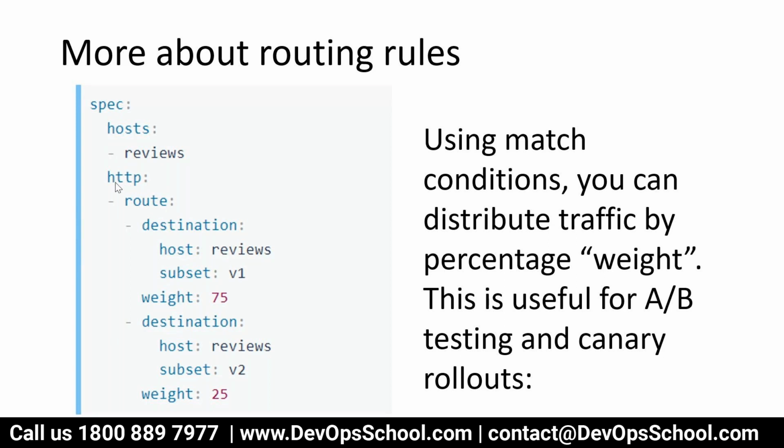HTTP request, route, destination. You have two destinations. Out of my total traffic, 75% should go to the reviews v1 service. The remaining 25% should go to reviews v2. This is weight-based routing actually. Are you understanding? Yes.